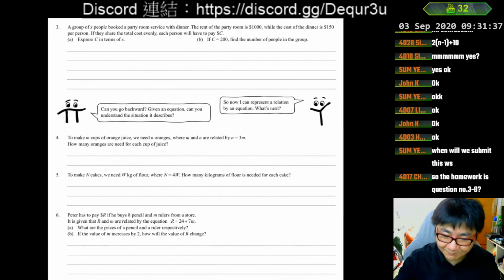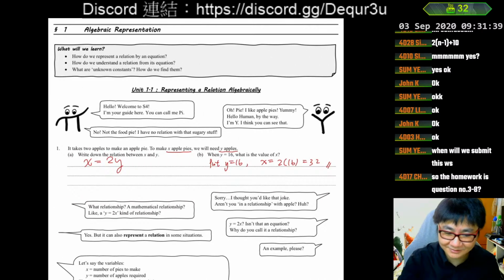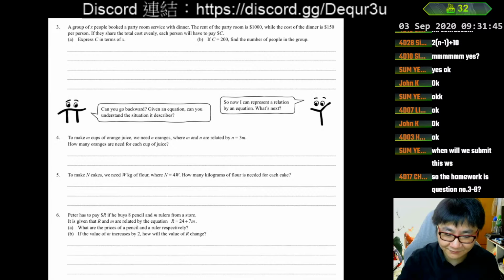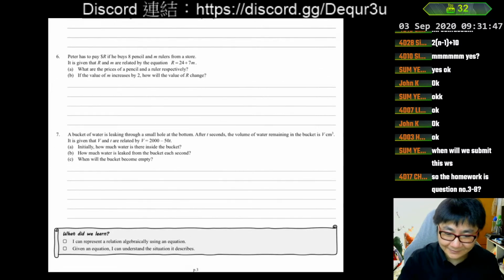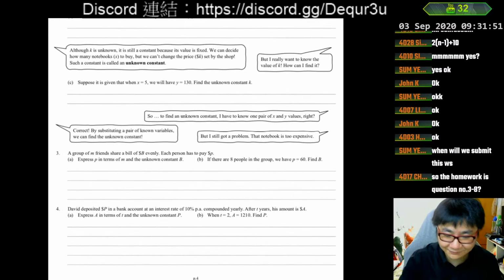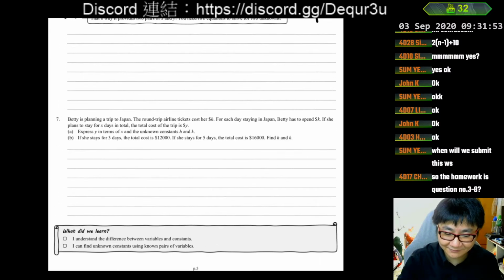In fact, the homework is for both sections. Section 1, as you can see from the screen here, the remaining questions: question 3, 4, 5, 6, 7. And section 2 also, starting from 1, 2, 3, 4, 5, 6, 7.